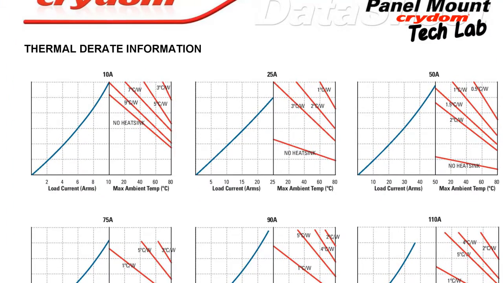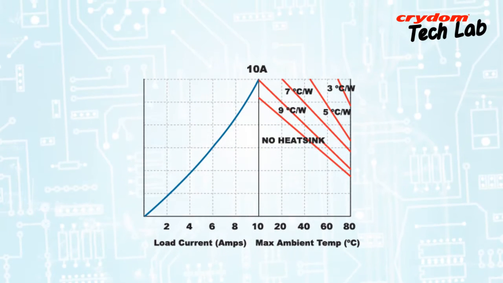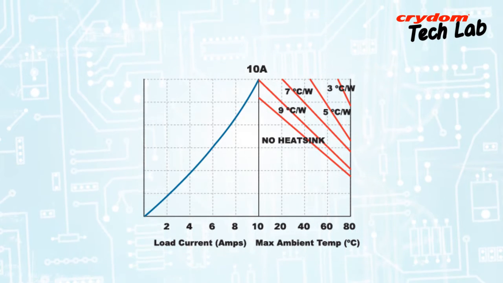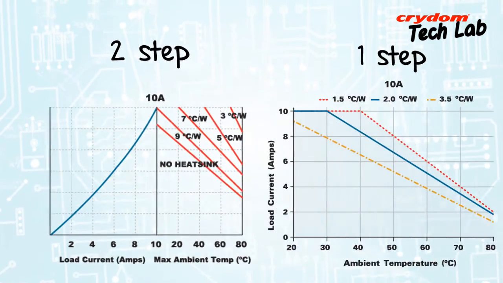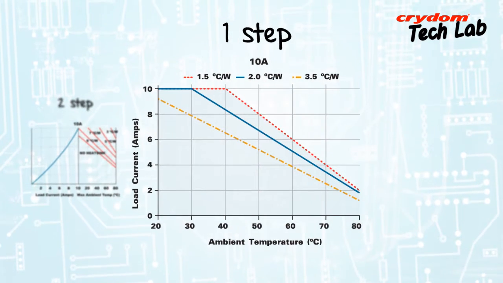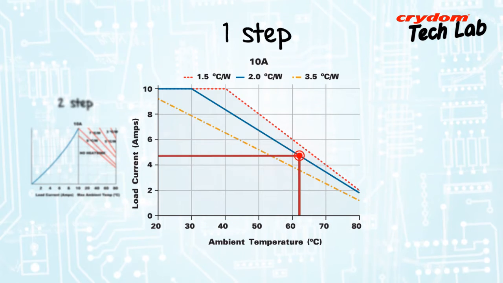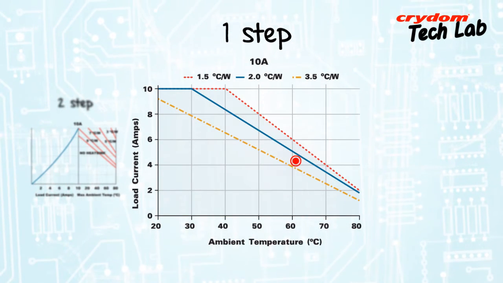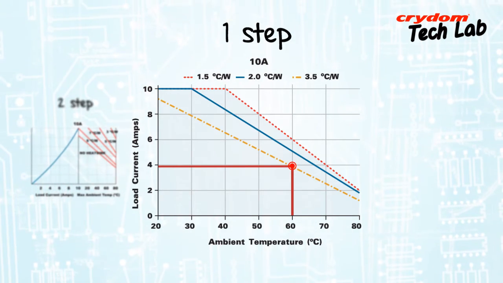Fortunately, SSR manufacturers' specification sheets, like the Crydom D2425, often include an output or load current thermal derating chart that simplifies the relationship between the ambient temperature and allowed output current for several different heatsink ratings. There are two versions of these types of charts, a two-step version and a single-step version. As can be seen in this single-step chart, increasing the ambient temperature decreases the allowed load current. It can also be seen that reducing the heatsink rating also reduces the allowed load current.